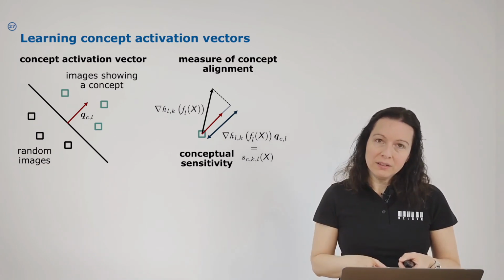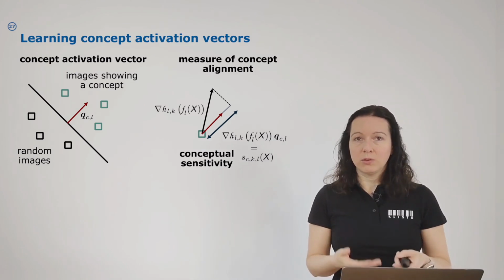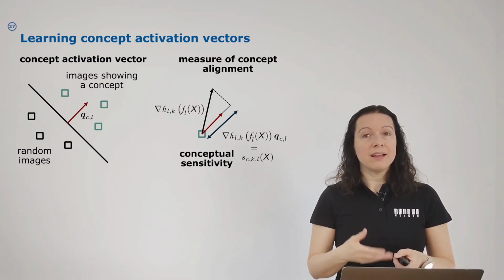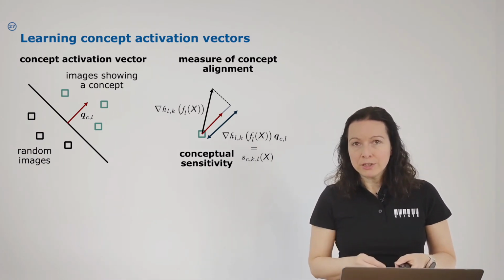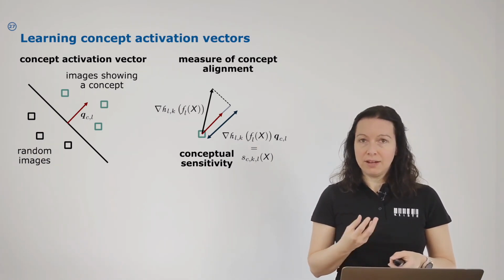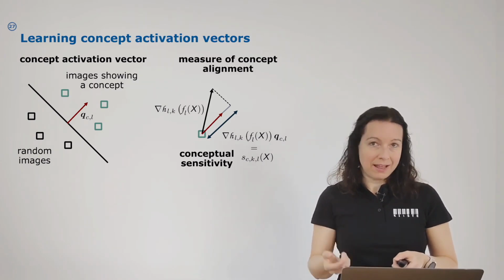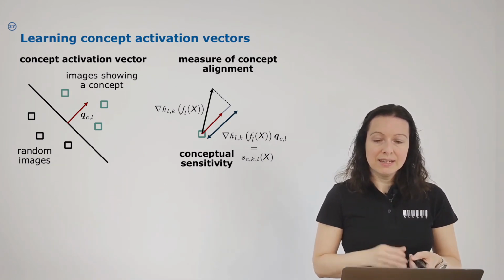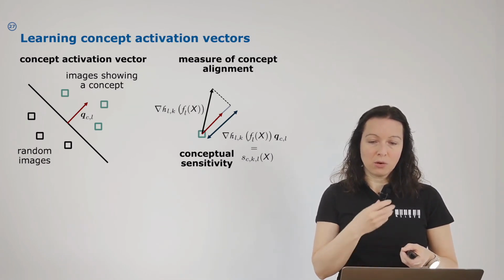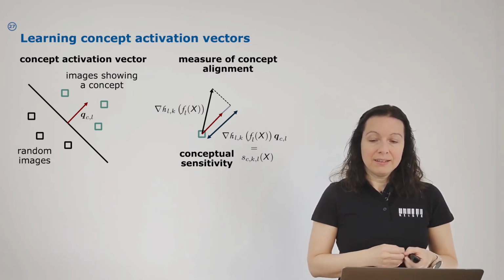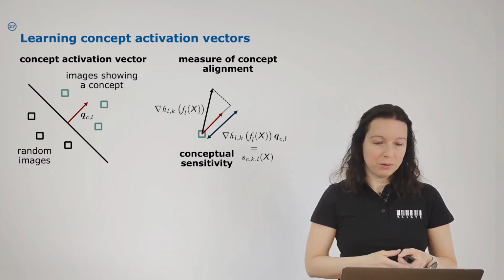To quantify whether a certain image X, that means a certain image of a zebra, aligns with a certain concept C, that means our stripes, we can measure how sensitive the whole classifier Fx is when the image's latent representation FL, this bottleneck representation, slightly moves along this concept QCL. This is exactly the directional derivative. So this is what we need for the computation.